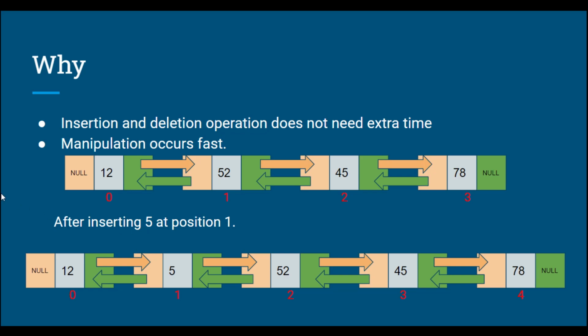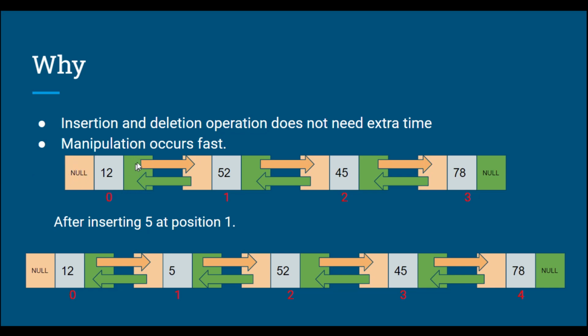The first example is that we initially have a linked list: 12, 52, 45, 78. If you see the representation, the first node's value is 12, and its previous address is null because there is no element present in that direction. That is why we use null.